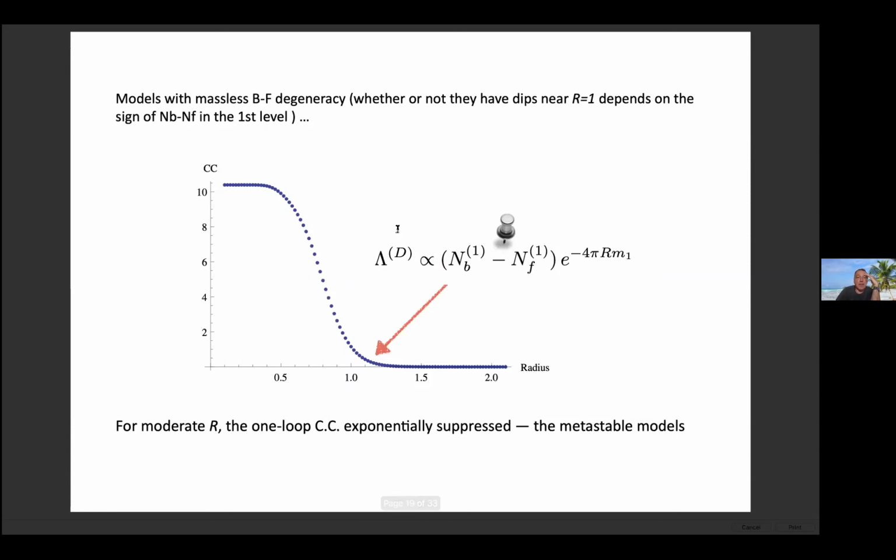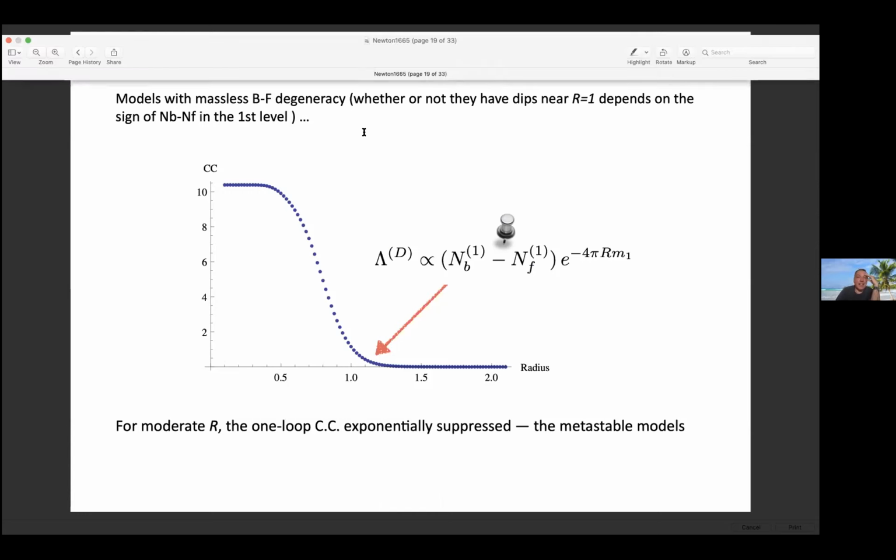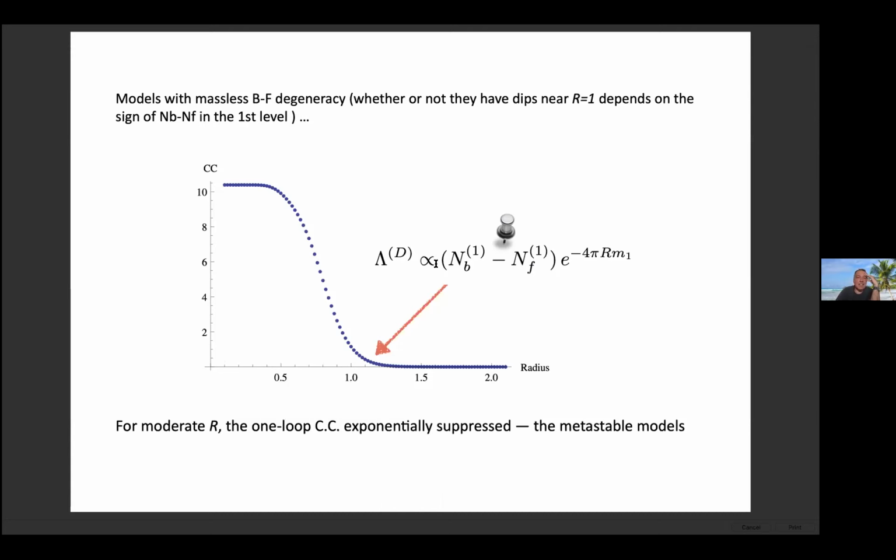But there is an interesting sort of theory, which is when the number of bosons is equal to the number of fermions at the lowest level, the zero excitation level. If that's the case, then the Casimir energy vanishes at leading order. The first contribution at one loop is going to come from the first excitation, but it's going to have an exponential suppression because it has the excited mass.